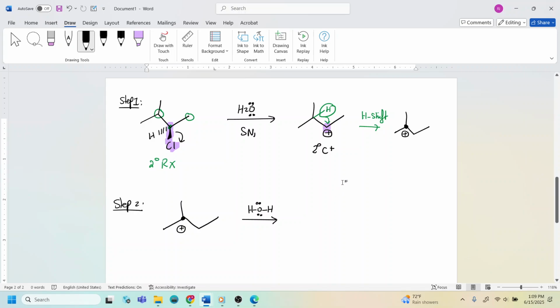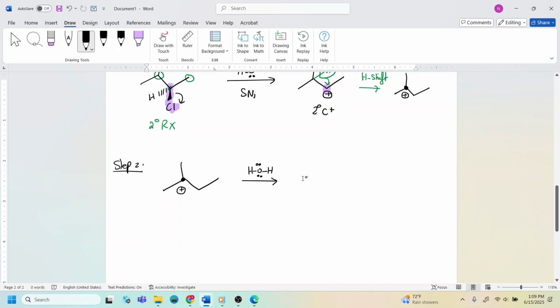There is no possibility of chiral center in the product. So if this is the case, I'm just going to move by just having one product in there. Water is going to attack since there is no chiral center, and then you're going to end up having the same idea. Water is going to form a positive charge on the oxygen. Remember, always with organic products, your product has to be neutral. So we're going to use the water again.